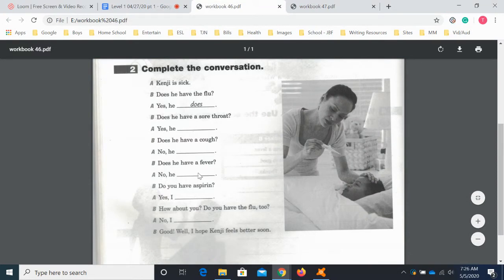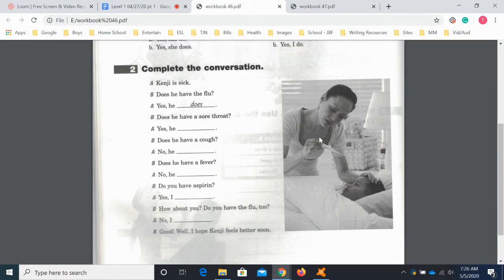No, he doesn't. Do you have aspirin? Yes, I do. How about you? Do you have the flu too? No, I don't. Good. Well, I hope Kenji feels better soon.